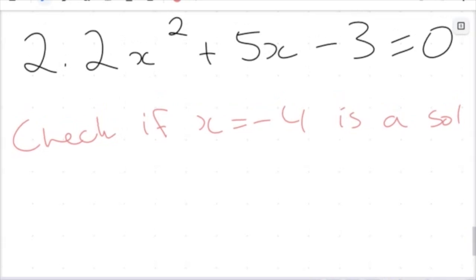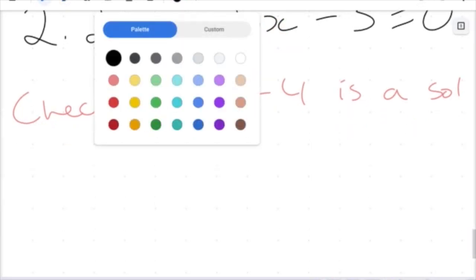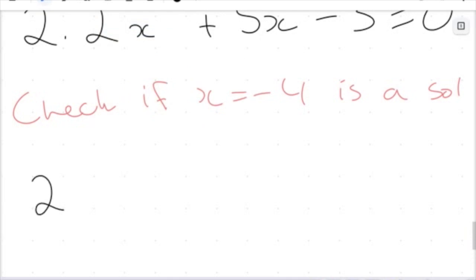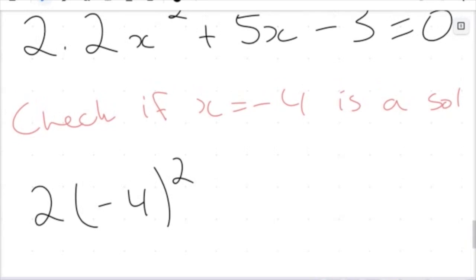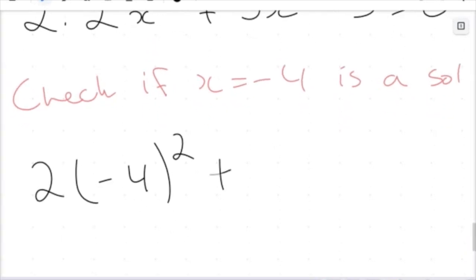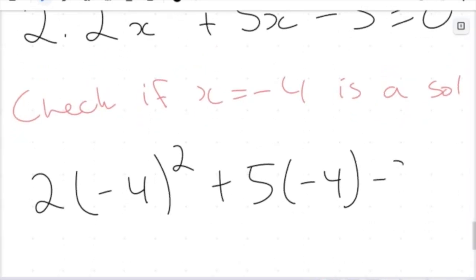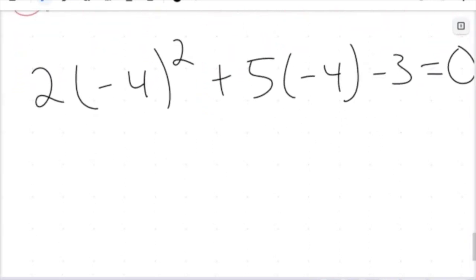So once again, I'm going to substitute x equals minus 4 into here and here. So I have 2 times (minus 4) squared. I've just written this in brackets to avoid confusion. You'll see why later. Plus 5 times minus 4 minus 3. And we want to see if my left-hand side equals 0.